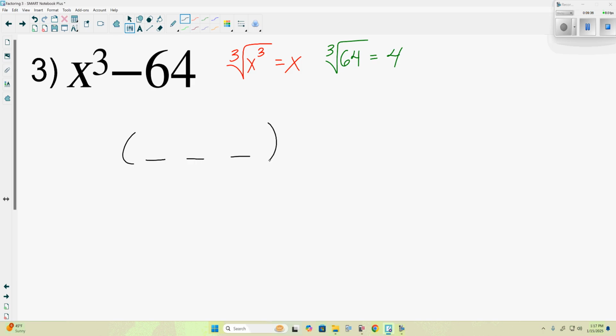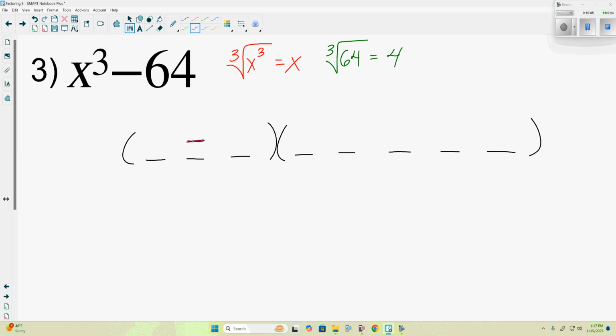So that does verify that this is a difference of 2 cubes. Our signs are what? Same, opposite, always end on a positive note. So for us to have the same, the first sign is going to be a what? Negative. Since we start off with a difference, our first sign is negative.